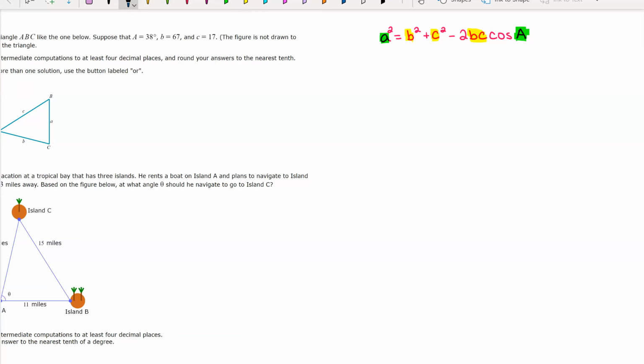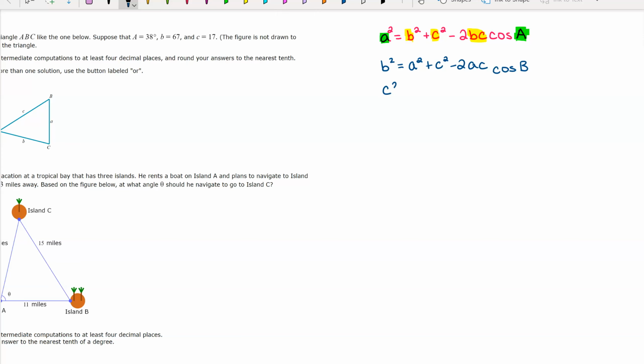So, for example, I could do this having b squared right here, and that means that over here I'd have cosine of big B, and in the middle I would use a and c. So a squared plus c squared minus 2ac times cosine B. And it's the same for c.